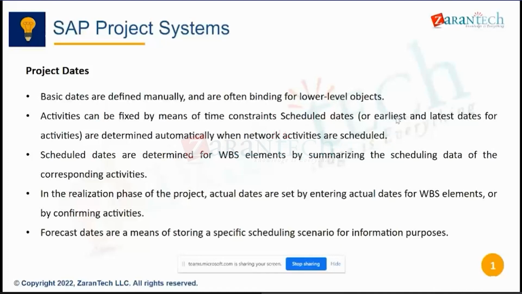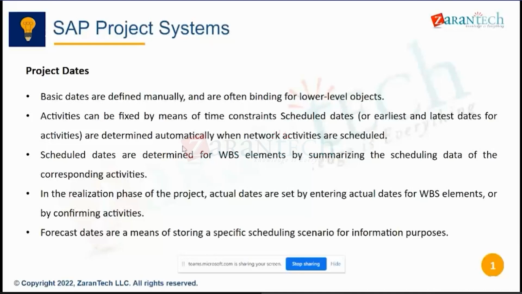Once you do the scheduling, the system is going to calculate the scheduled dates. There are two sets of dates, earliest dates and latest dates: early start, early finish date, latest start, latest finish date. Once we see the screen, we will get clarity on this.